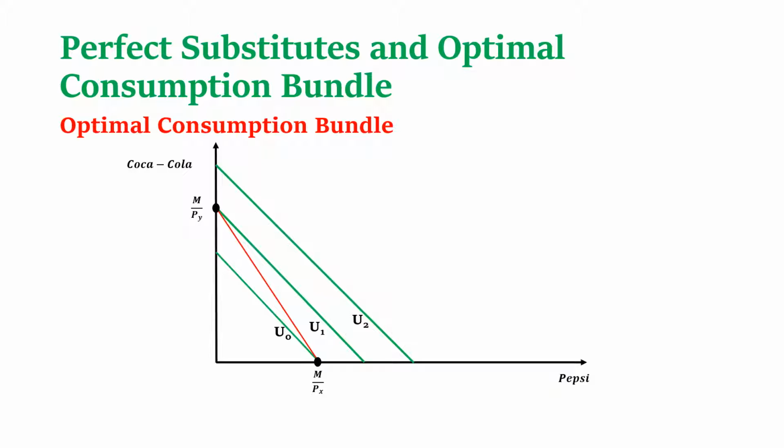And we see the red line represents the budget line, M over PY on the vertical axis, then you have M over PX on the horizontal axis. That is the budget line. So what happens here is we see the point where the budget line and the indifference curve meet. So those points are the optimal consumption bundle of the consumer in this particular case.